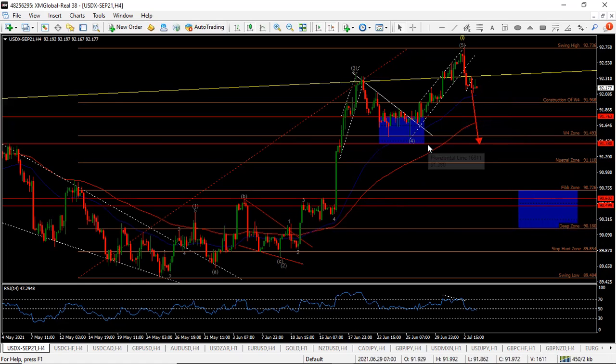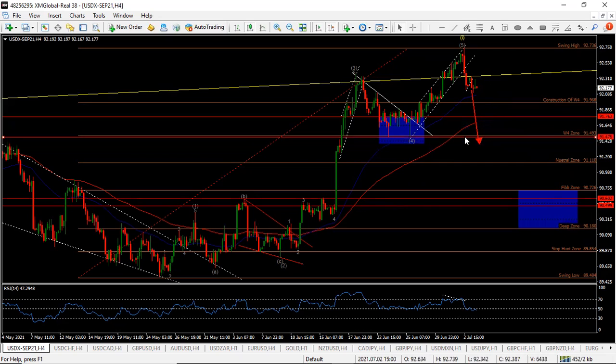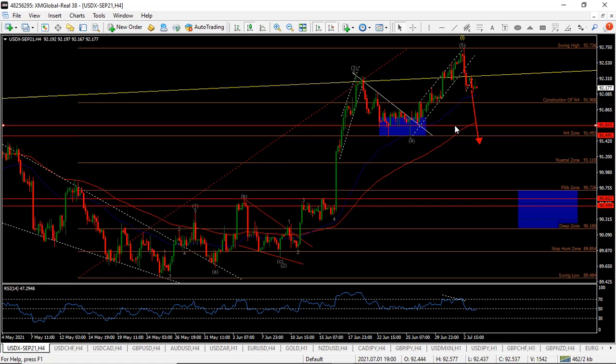So if they break below this area, now my update is this area. Now it's this area. So now we are updating. So it's this area.